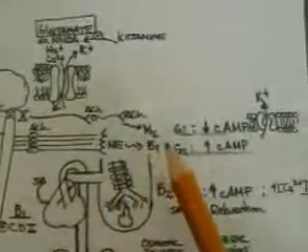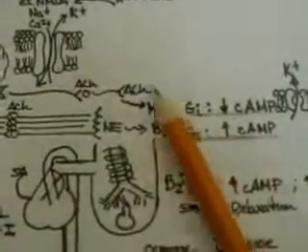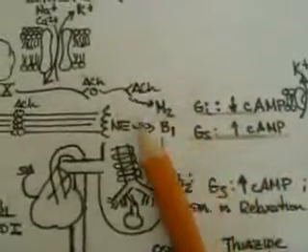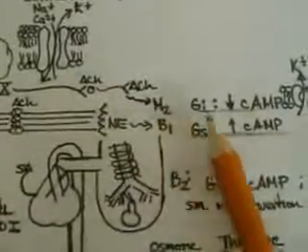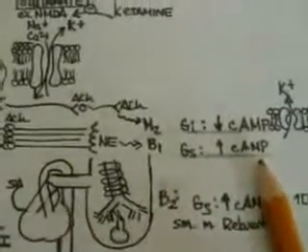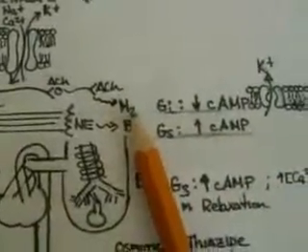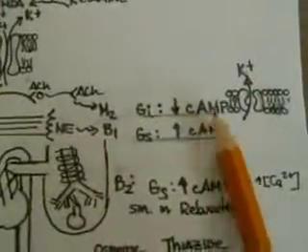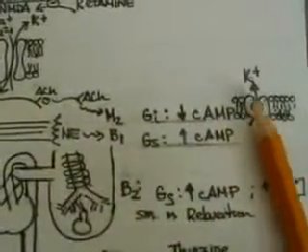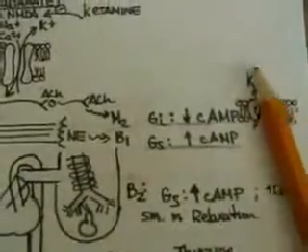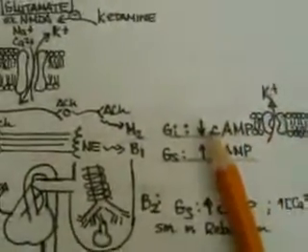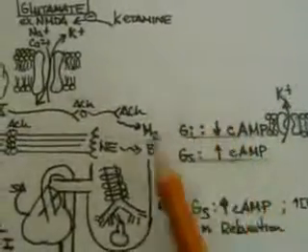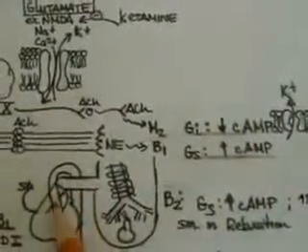The muscarinic 2 receptors decrease the cyclic AMP, and the beta 1 receptors, when stimulated, increase the cyclic AMP. Therefore, the parasympathetic tone stimulating the M2 receptors, decreasing the cyclic AMP, and promoting the exit of potassium out of the cell, tends to decrease the heart rate. So the parasympathetic tone on the heart will decrease the heart rate.